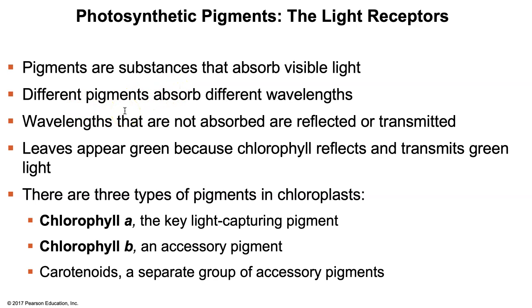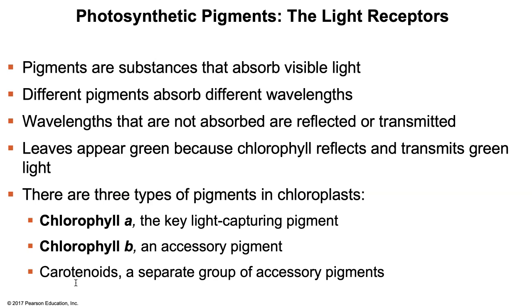Different pigments are able to absorb the different wavelengths. The three pigments in chloroplasts are chlorophyll A, which is the most important light capturing pigment, chlorophyll B, which is an accessory pigment, and then we have another class called carotenoids.